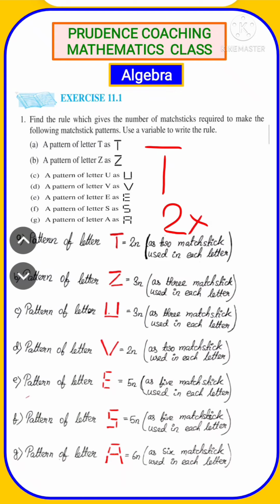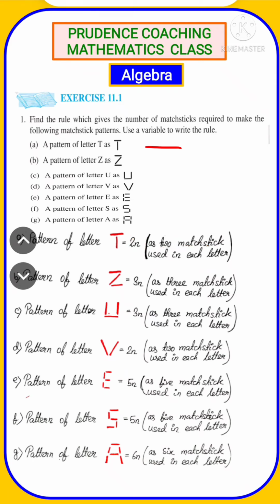It will vary according to the question. So we can take any variable for this frequency. We can take n. So 2 into n, you will get 2n. You can take any variable, n, a, b, any small letter. So as 2 matchsticks are used in each letter T, the formula or the rule will be 2n.